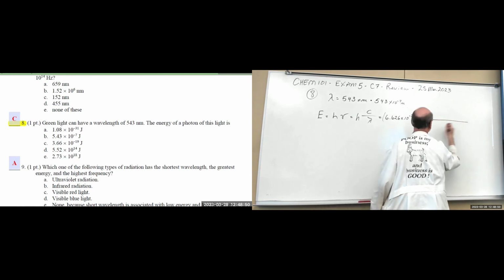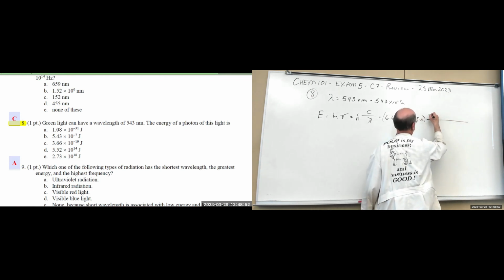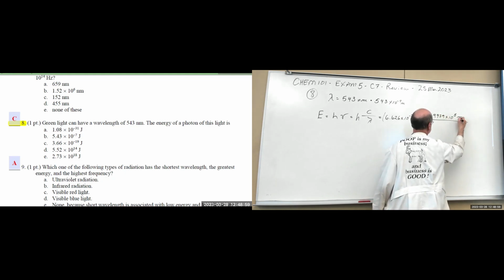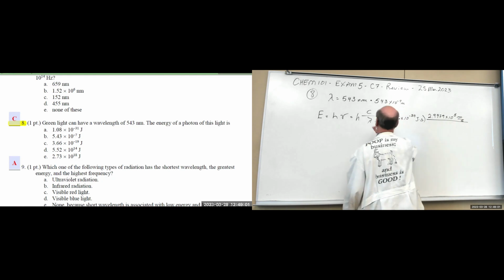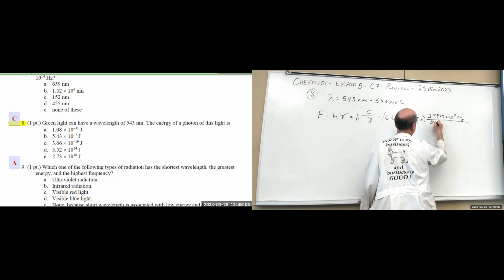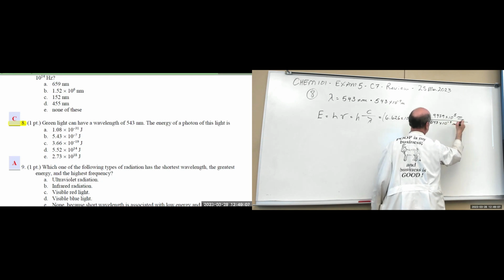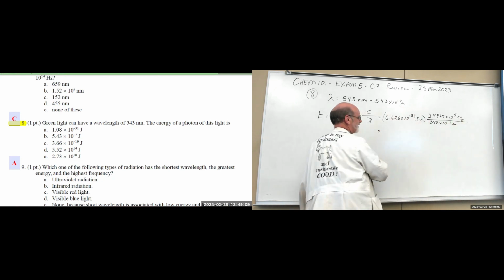And then we have the speed of light, which is the same as it was a few minutes ago, meters per second. And wavelength, 543 times 10 to the minus 9 meters. Okay, let's check our units.